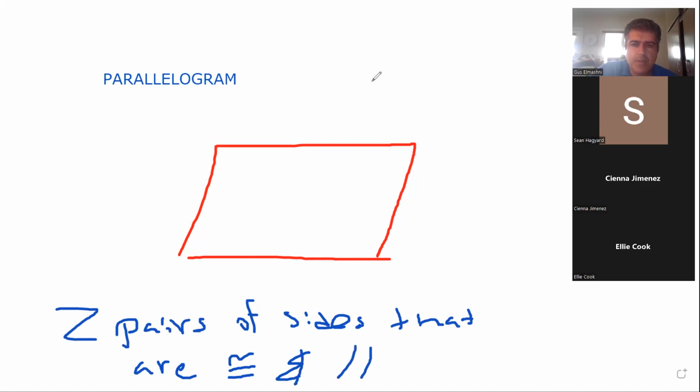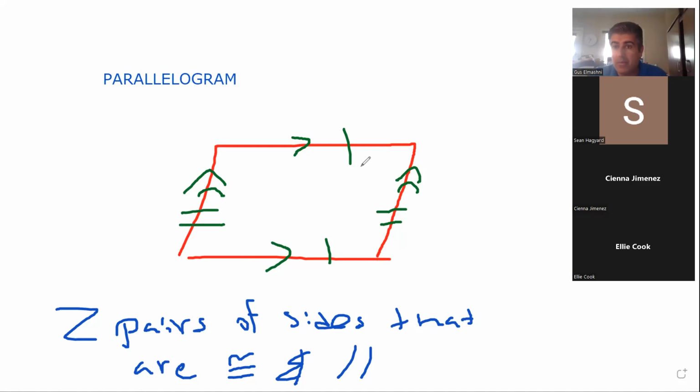So for example, those are parallel and congruent. Those are parallel and congruent. So that will always be true. That will be a parallelogram. Now, is a rectangle a parallelogram? Sure. Yeah. Is a square a parallelogram? Sure. They're special because they have all right angles.